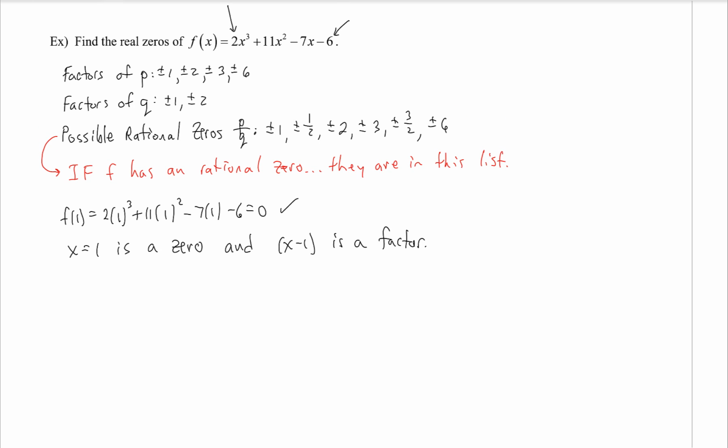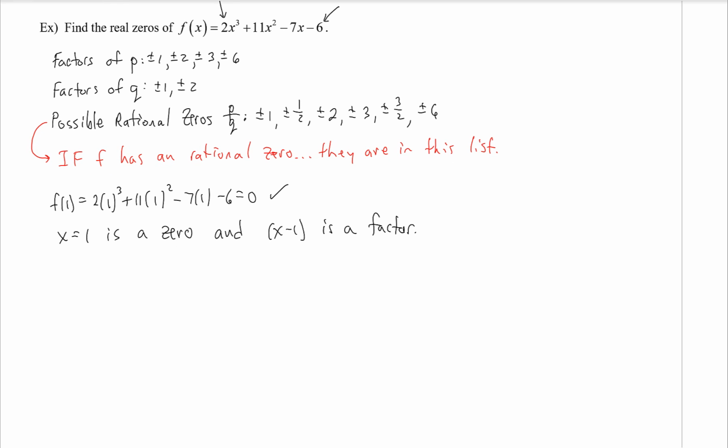This is a cubic polynomial, so if I divide by this factor, the quotient will be a quadratic. And we know everything there is to know about quadratics, so that'll take us the rest of the way home. So next on the agenda would be to divide. We'll do our long division here.